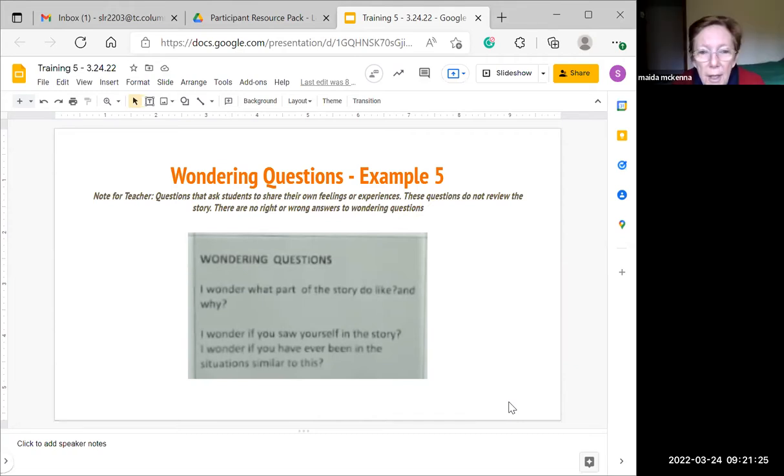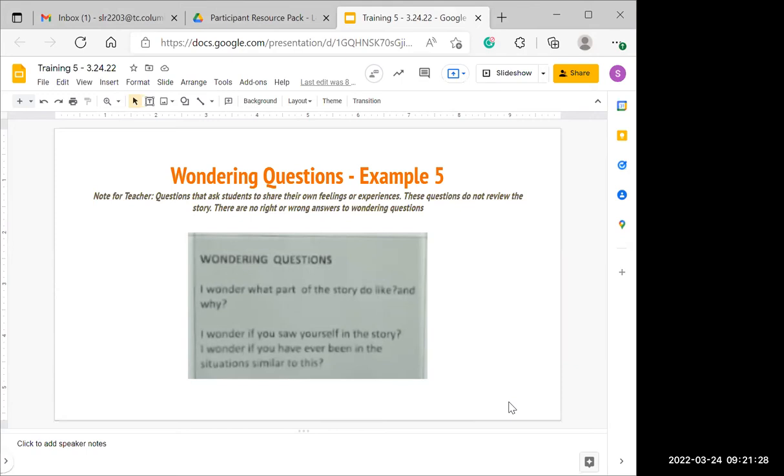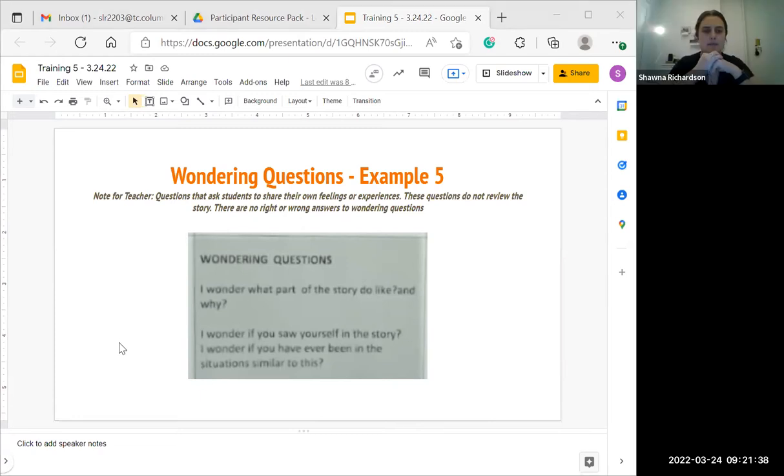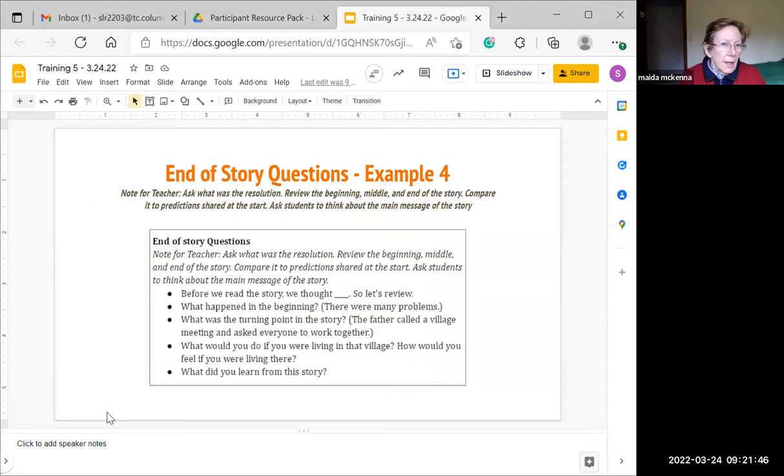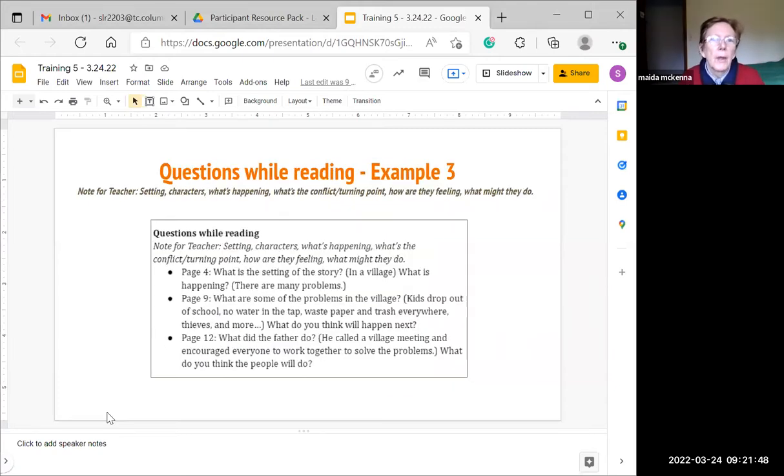I would like to emphasize that the questions while you're reading keep the children thinking and accountable. If they know that you're going to be asking questions as you go through the book, then they know that they will be accountable for paying attention.